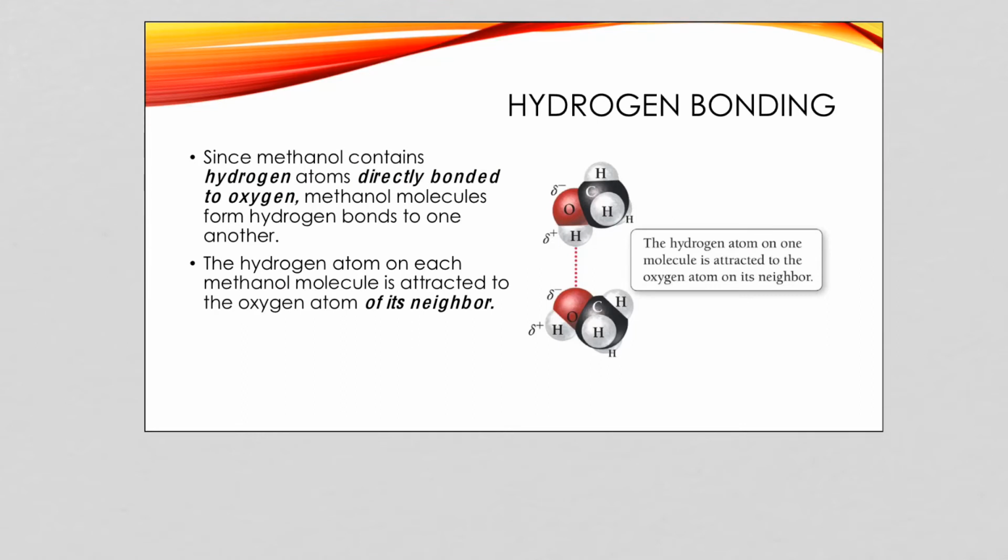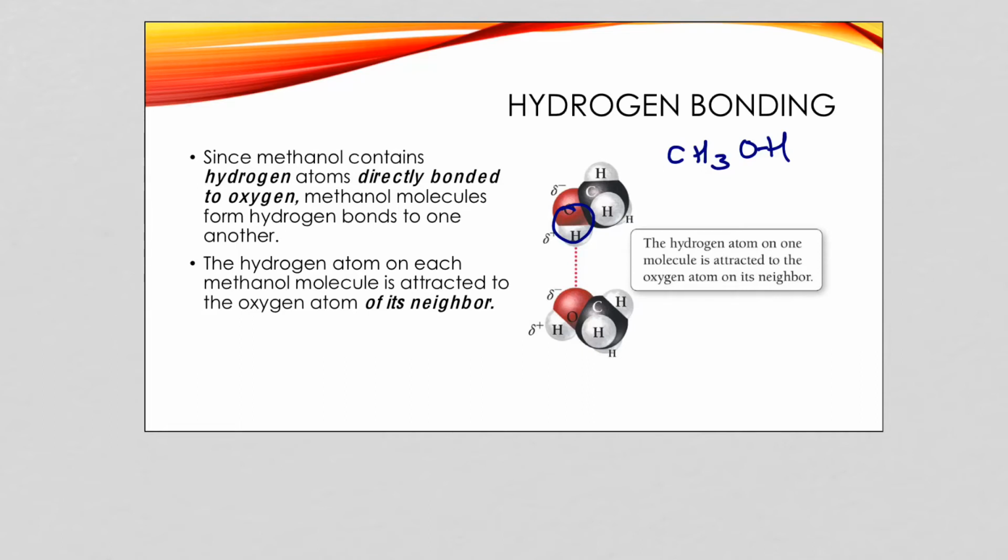So we can illustrate this in something like CH3OH, right? So this is methanol, this is an alcohol, right? And we can see here in the alcohol the OH, right? So we have that OH bond, which means that we can have hydrogen bonding. Again, it's the same kind of interaction, right?